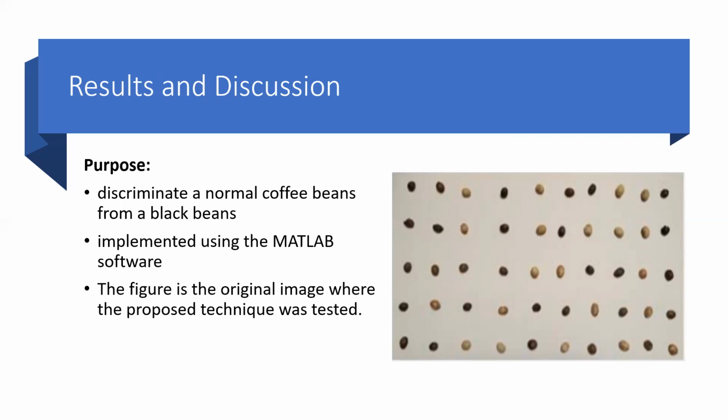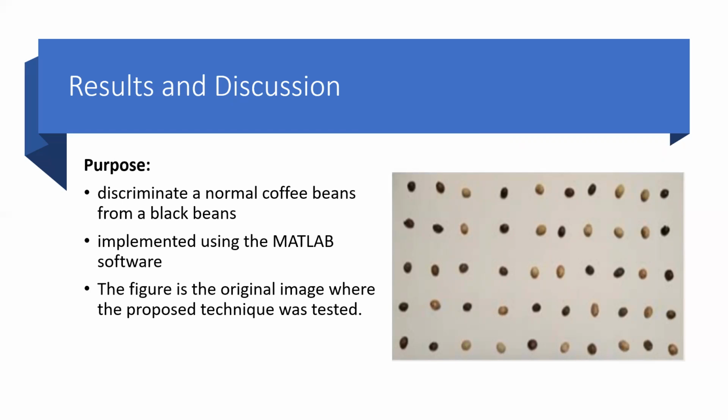The purpose of this paper is to make a series of codes that will discriminate normal coffee beans from black beans. The elimination of black beans and pointing the position of normal beans was implemented using the MATLAB software.